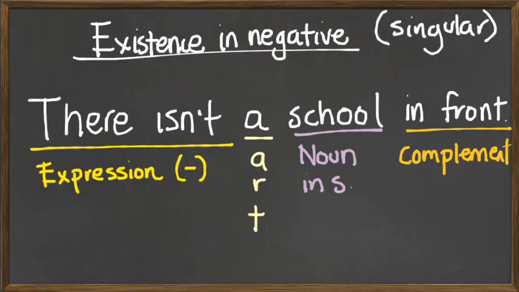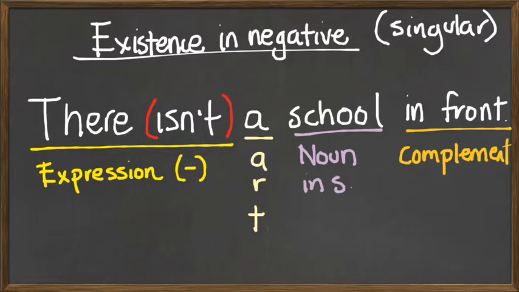But now let's look at the negative form of existence. We have the example, there isn't a school in front. So all we have to do is insert as a new item the negative form of is, and that has 3 forms actually.